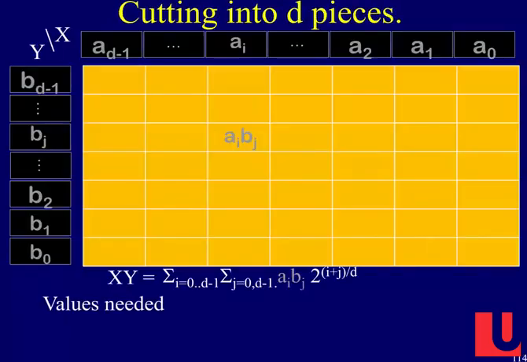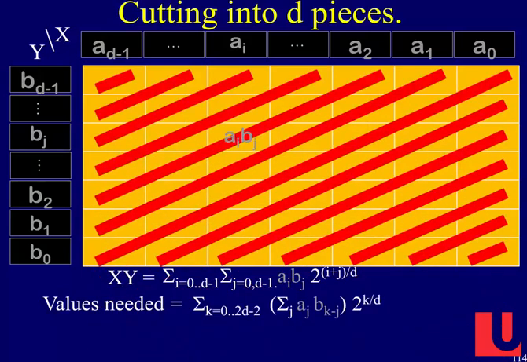So what do we do instead? Well, what we observe is that we don't actually need these d squared numbers. Remember, just like before, some of the terms get added and shifted. So what you need is, for every red bar, the sum of the diagonal.